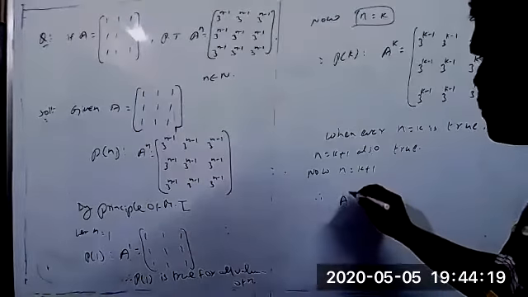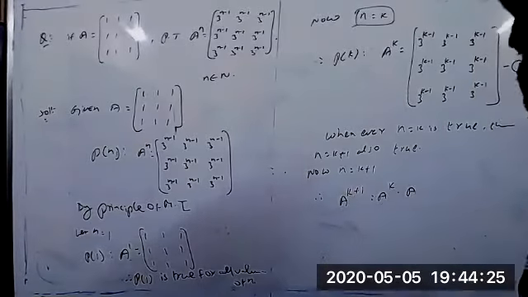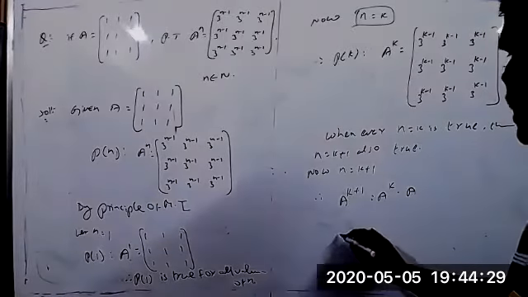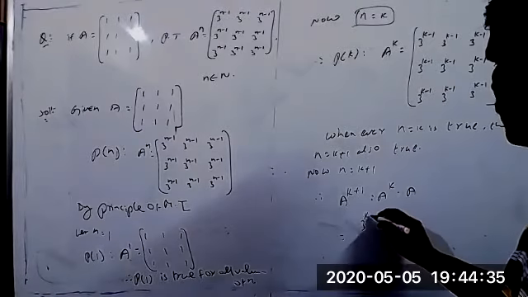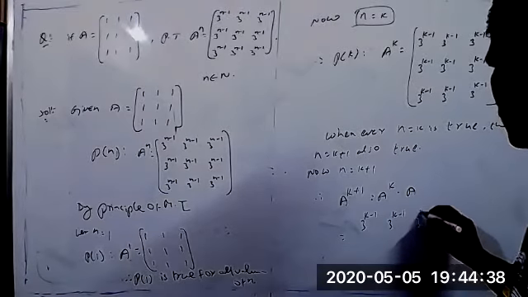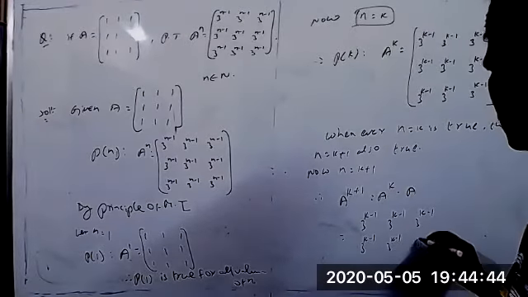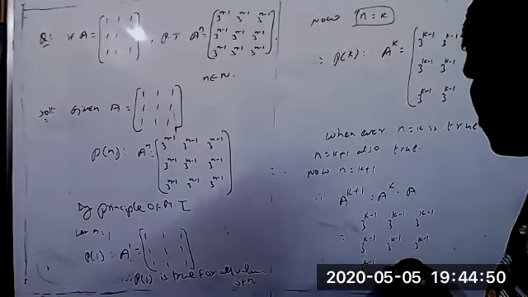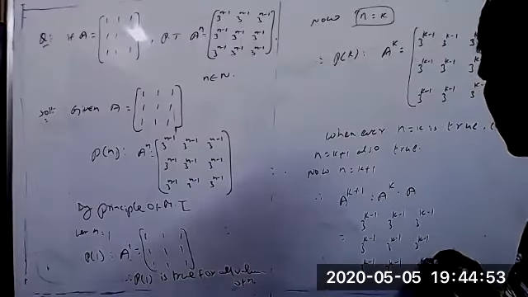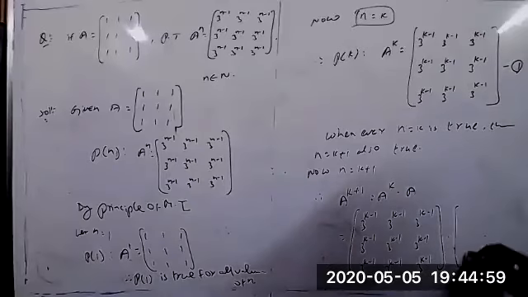So A power K plus 1 can be written as A power K into A. Now A power K equals what we just got from the first equation, substituted there now: the matrix with every element 3 power K minus 1, into the matrix A equal to 1 1 1 1 1 1 1 1 1.